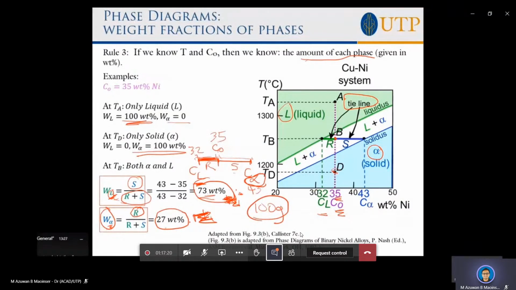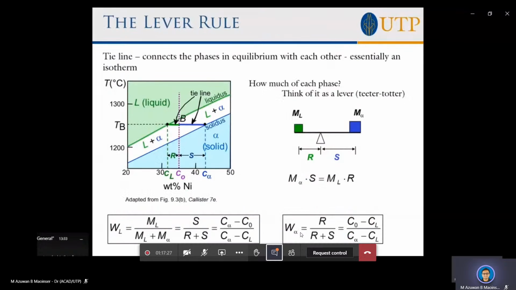So this is amount. What we do here is what we call lever rule. Okay, ni dipanggilnya lever rule. So I already explained to you, when you have the tie line, if it is a liquid, you want to find the amount of liquid, you need to go to the opposite side of the liquid.